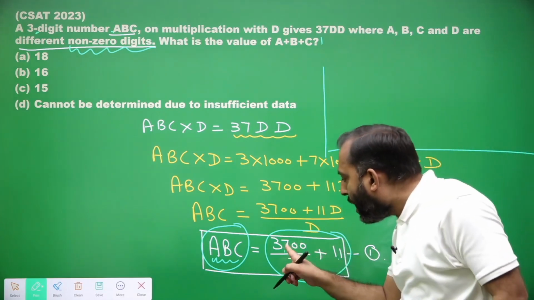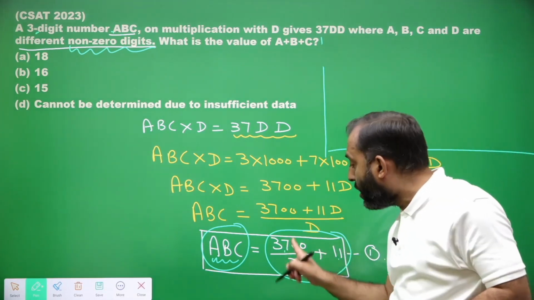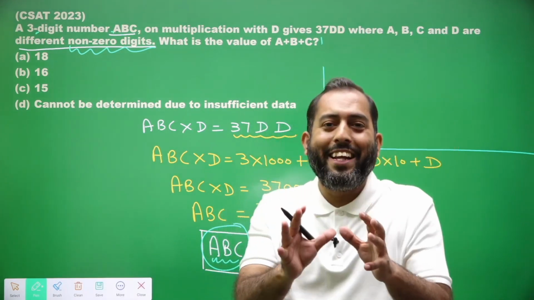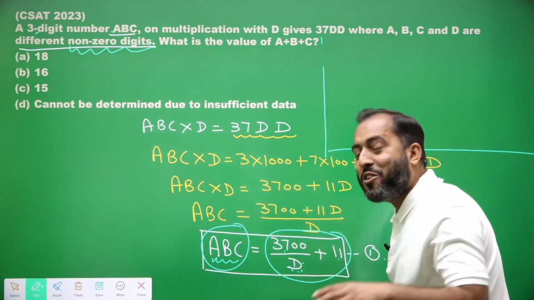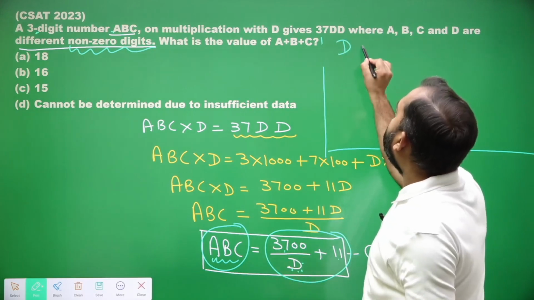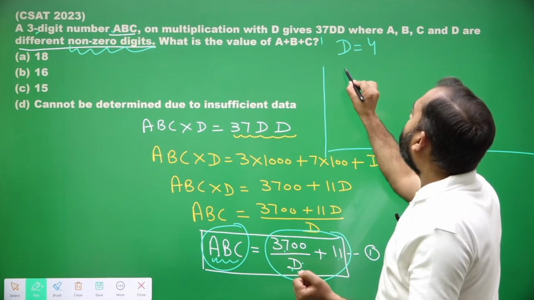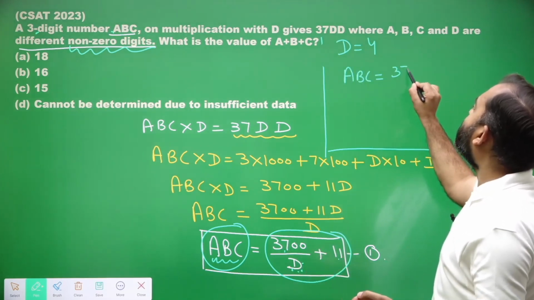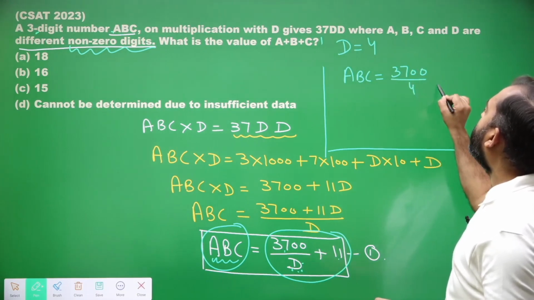Now the next value that will divide 3700 completely would be 3. No, it cannot be 3 because 3700 is not completely divisible by 3. So the next value that will do it is 4. Now if D is 4, this equation will become ABC equals 3700 upon 4 plus 11.